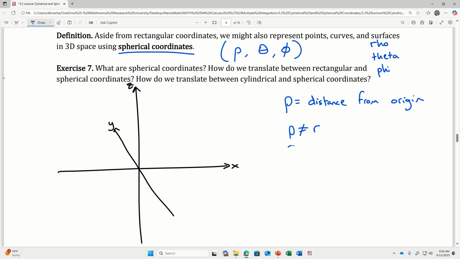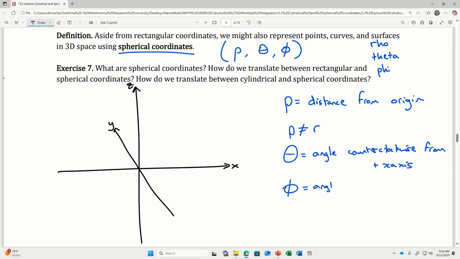And theta is the same theta as from cylindrical coordinates. And so theta is still the angle counterclockwise from the positive x-axis. And then phi is new.